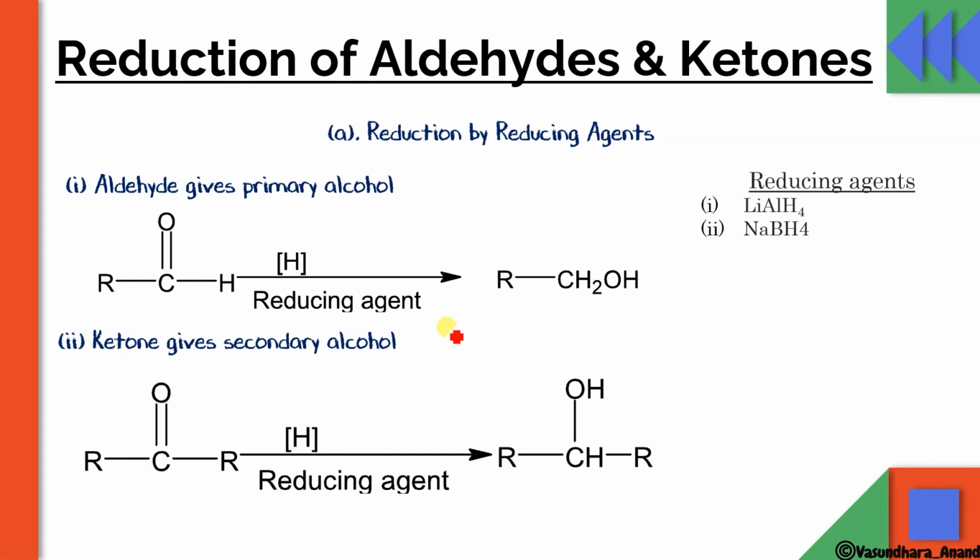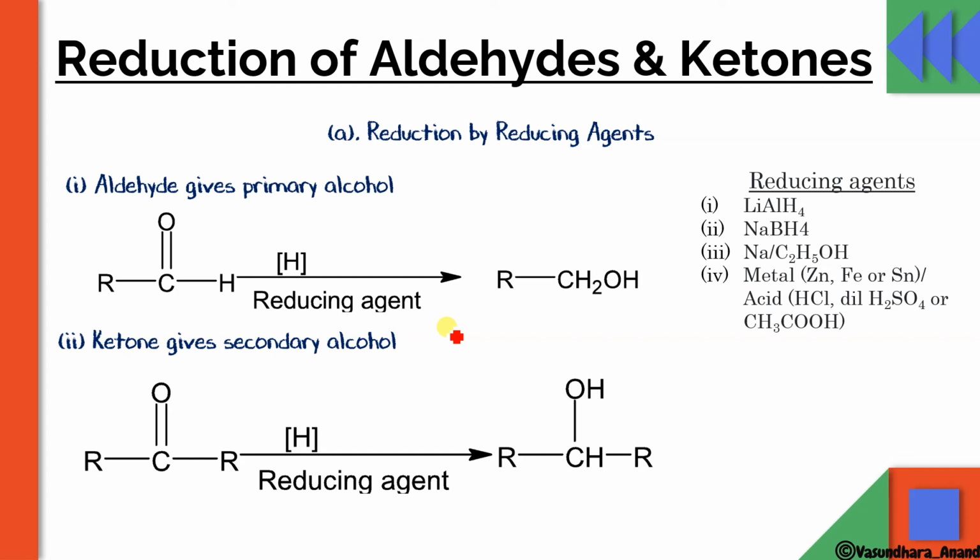As reducing agents, we can use lithium aluminium hydride, sodium borohydride, sodium ethoxide, or sodium in the presence of C2H5OH. Among metals, we can use Zn, Fe, Sn in the presence of any mineral acid like HCl, dilute H2SO4, even CH3COOH.